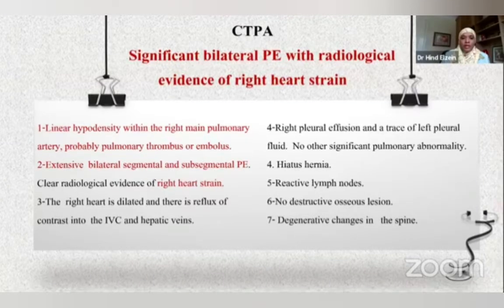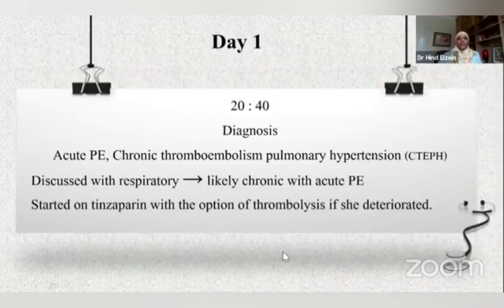So obviously now the diagnosis is clear, and it was discussed with the respiratory team, and the diagnosis was made as acute pulmonary embolism with underlying chronic thromboembolism or chronic thromboembolic pulmonary hypertension.